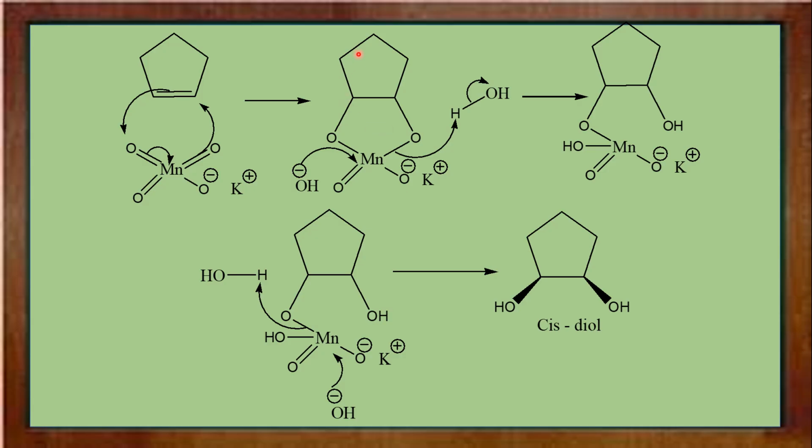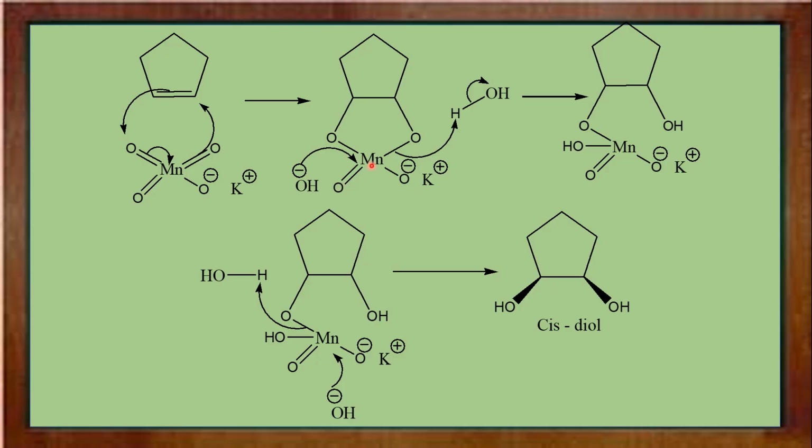Now with this cyclic manganate ester, the alkaline solution, the hydroxide, attacks manganese. We can see there are 5 bonds with oxygen, the electronegative atom. So through all the 5 bonds, oxygen atoms are pulling the electrons towards them.